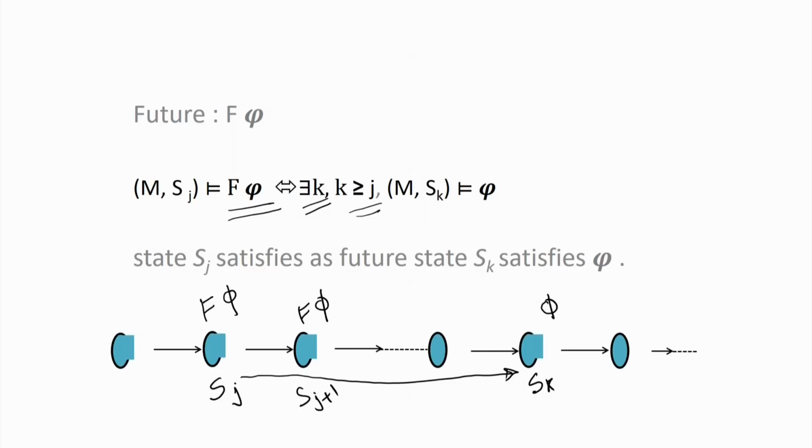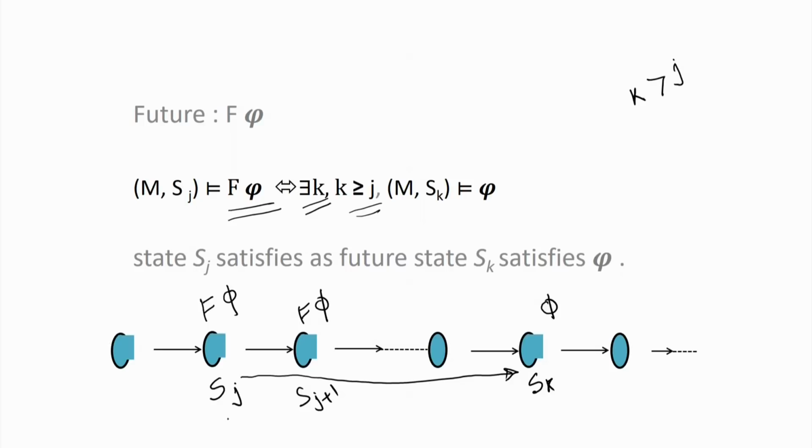Now, just simply look into this particular scenario. I am going to explain over here. If S j, and we are going to get some k such that phi holds in this particular k. Okay. Now, what will happen if here I am writing that k is greater than or equal to j?